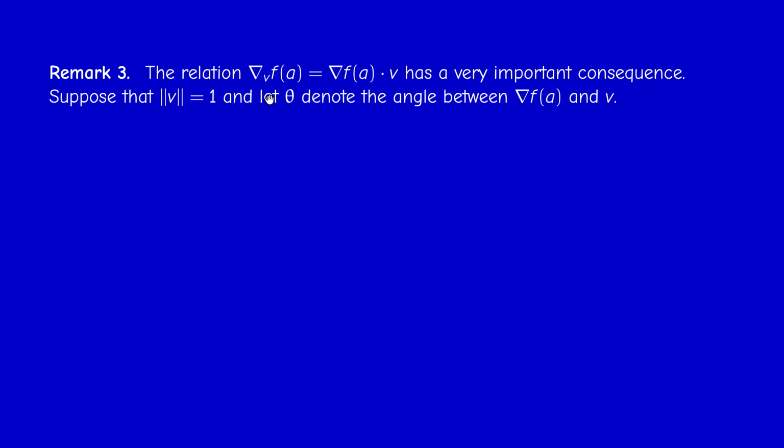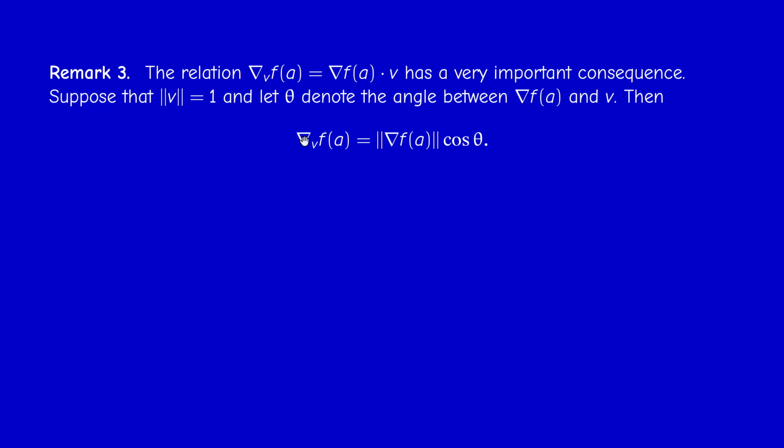But v can vary. Let theta denote the angle between the gradient of f at a and this variable vector v. Therefore, we can write this directional derivative as the norm of the gradient times the cosine of the angle between the gradient and v. Okay.